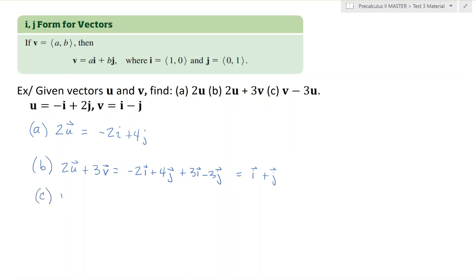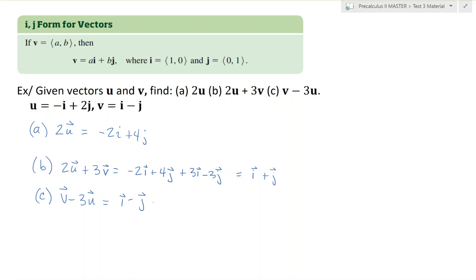For part c, v minus 3u. We have the i minus j vector, and then we're subtracting 3 times the u vector.